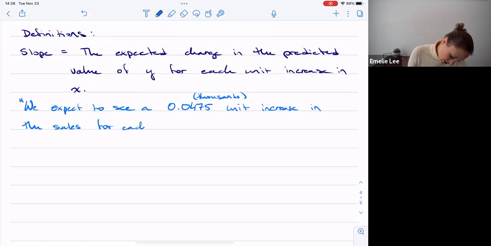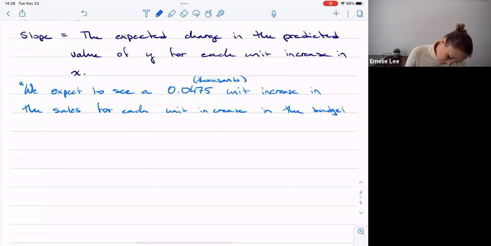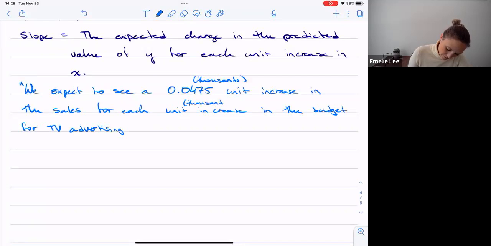For each unit increase in the budget for TV advertising, which is also, a unit is also in thousands. Or maybe it's $1,000.